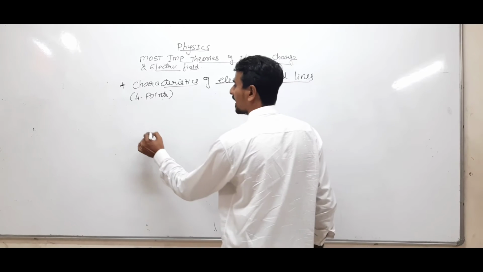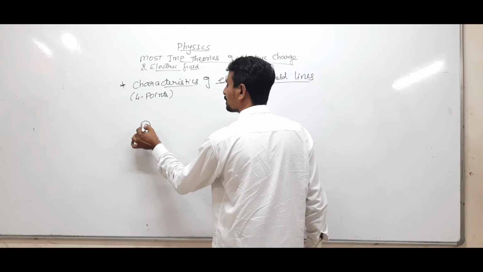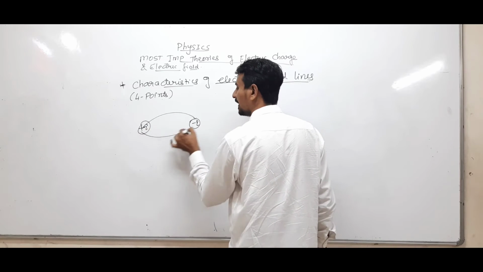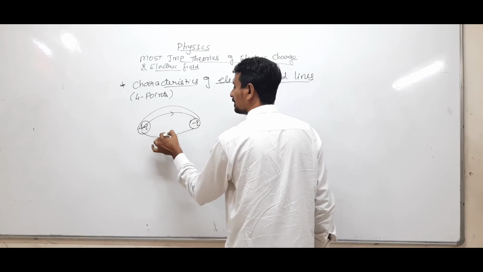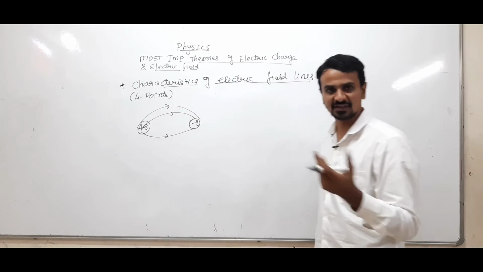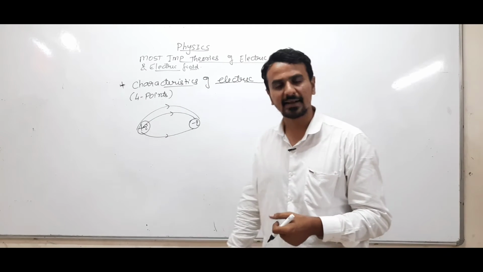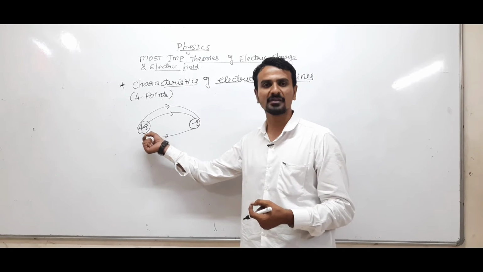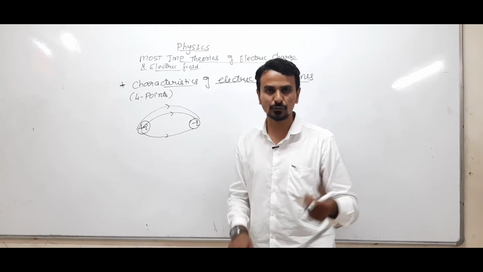First one is, electric field lines emerge from positive charge and end at negative charge, right? Field lines will emerge out from positive charge and will end at negative charge. Clear? But if there is only a positive charge, then it may extend to infinity.